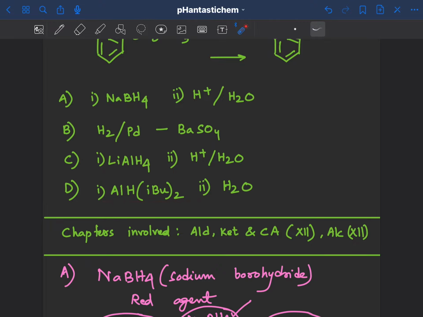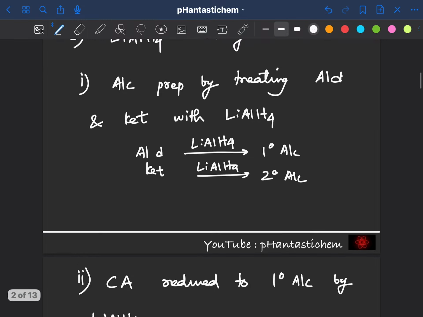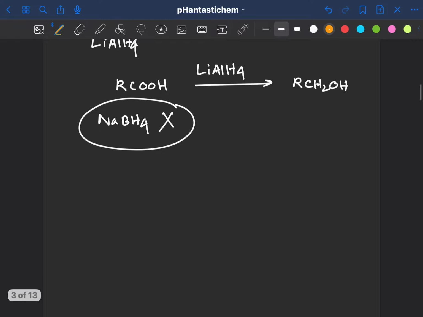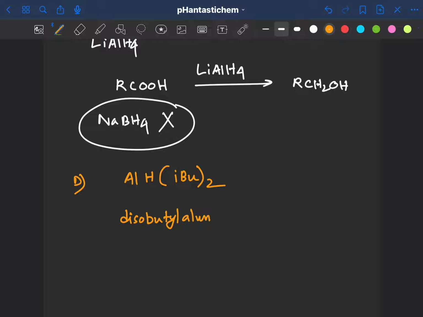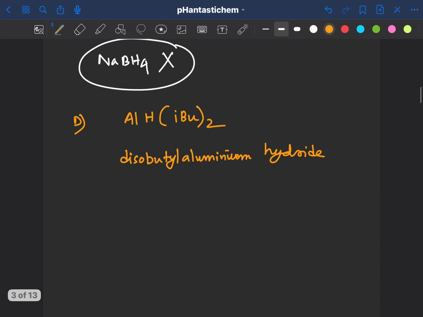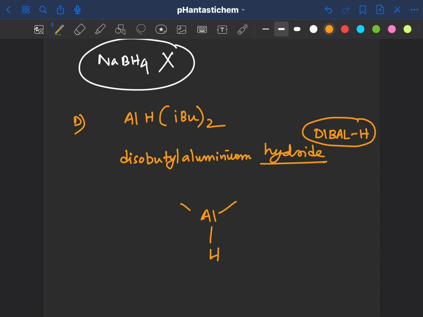The next and last reagent given to us is diisobutyl aluminum hydride, also known as DiBALH. This is the acronym for DiBALH, and the structure is: aluminum has valency 3, so one is for hydrogen, and the other two are diisobutyl groups.